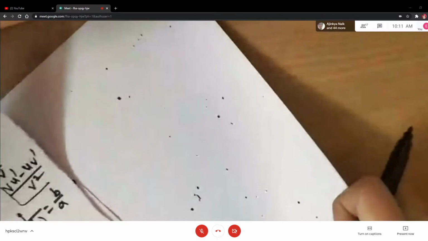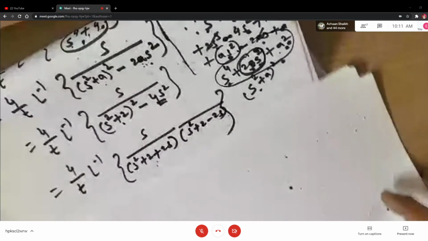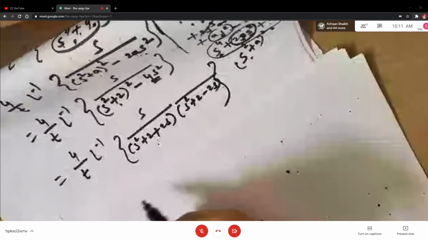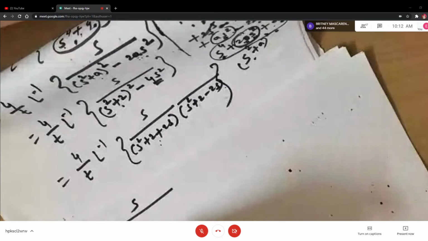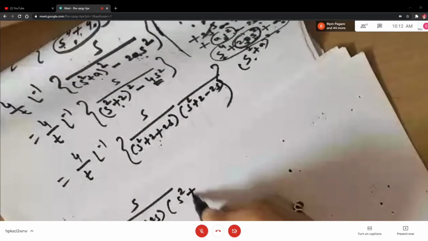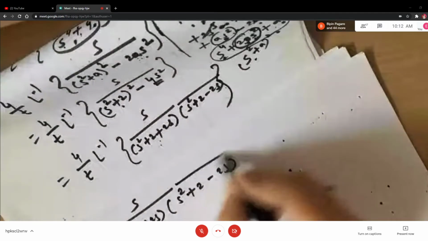Now tell me how you'll go for partial fractions. Now see, students, sit with this substitution part again. Now let us write the partial fractions. So how will it be? Let us take this outside: s upon s square plus 2 plus 2s, s square plus 2 minus 2s.